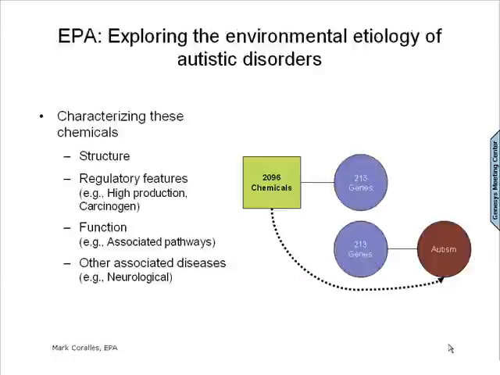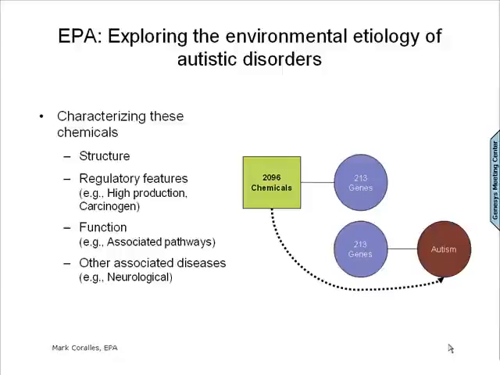And then finally, we started an interesting project earlier this summer with Mark Corrales, who's at the EPA and is interested in the environmental etiology of autistic disorders. We assigned a couple of our curators to look at autism-associated data from both the literature and other databases, and now we have curated 213 genes with associations with autism.